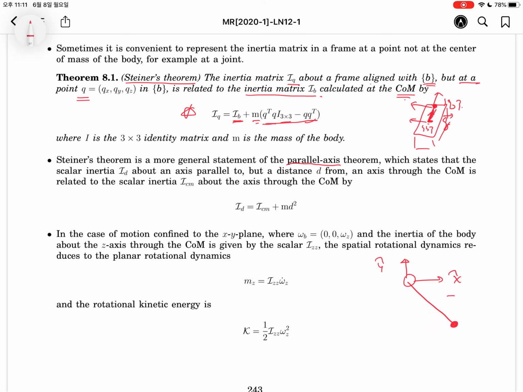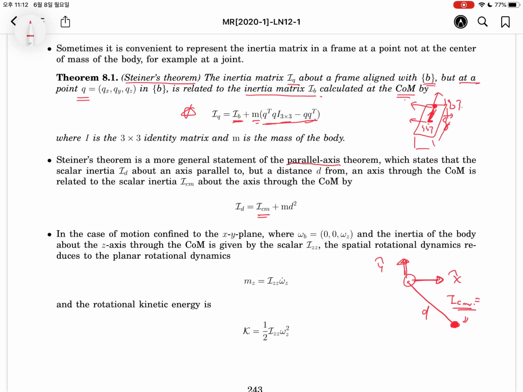Maybe you can calculate the I_CM, the center of mass moment of inertia, as a scalar value because we are talking about the plane, not the spatial case. In this case, I_CM will be equal to zero because it is a point mass, I'm not sure a point mass has some moment of inertia anyway. And then the distance is d.